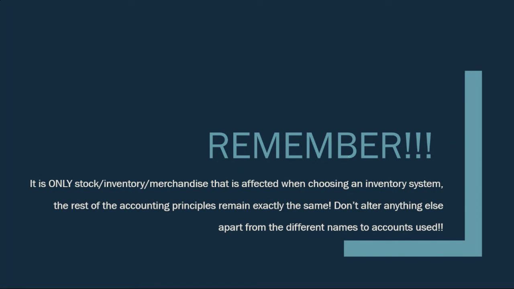Okay, and the only thing that changes is the names of the columns or the accounts to be used. Nothing else actually changes. So this learning unit basically just explains to you the main differences between the two inventory systems and just the main differences between the journals and the columns that need to change from one to the other.